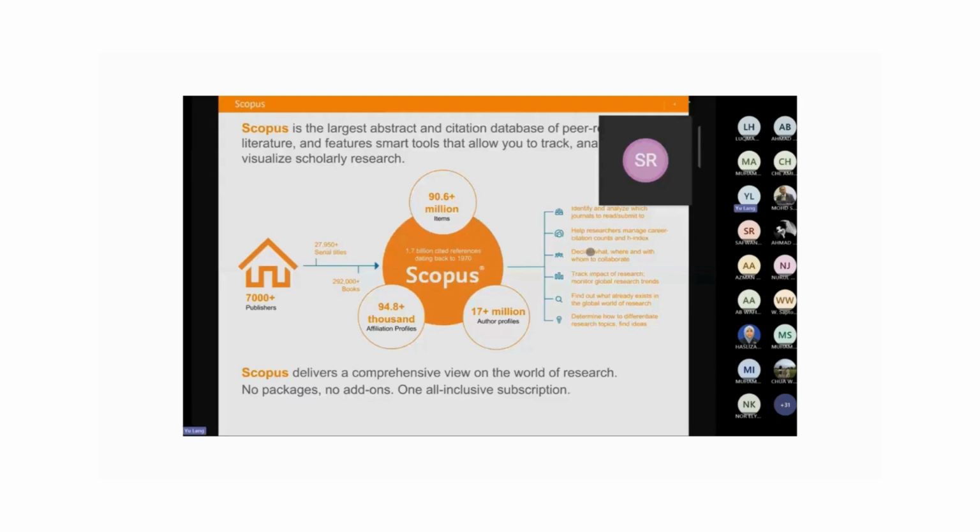You can use Scopus to decide what, where, and with whom to collaborate, track the impact of research, and monitor global research trends. Scopus has an integrated analysis tool, so you can analyze your results and straight away identify the trend, find out what already exists in the global world of research, determine how to differentiate research topics, and find ideas.